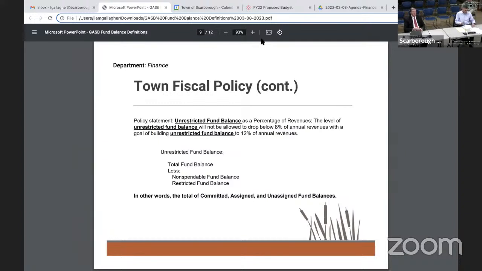Those three categories would be your unrestricted fund balance, and our policy is unrestricted fund balance to not drop below 8% of annual revenues, with a goal of building unrestricted fund balance to 12% of annual revenues. So we have a goal on one side of unassigned at 8% of a previous expenditure, and another section where we compare to revenues with unrestricted, which captures more categories than unassigned.